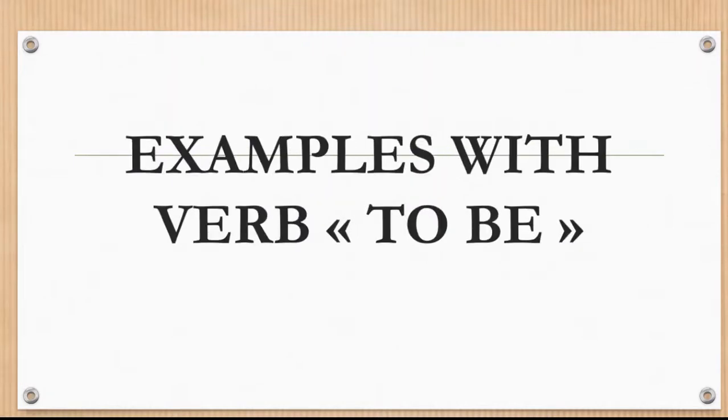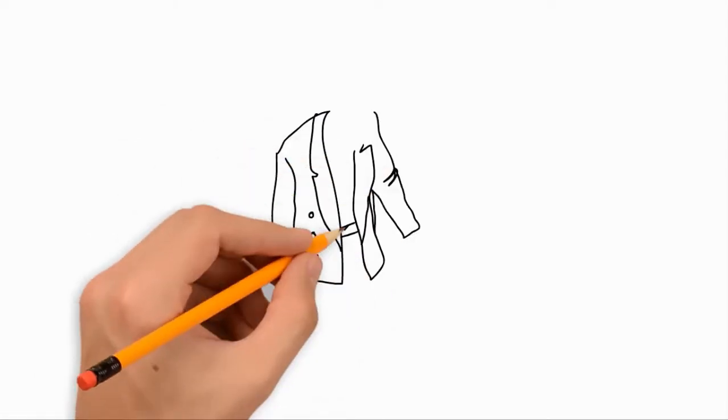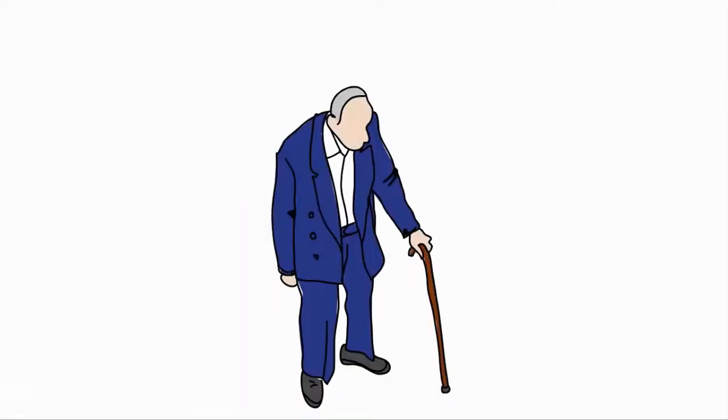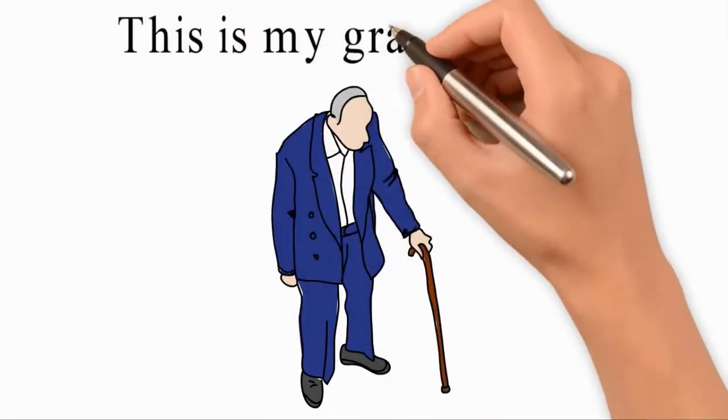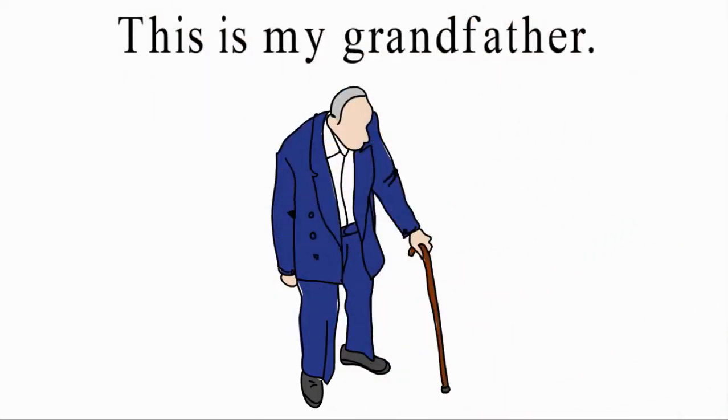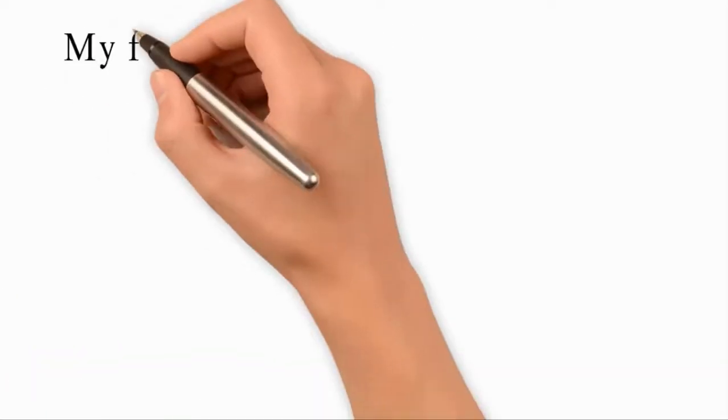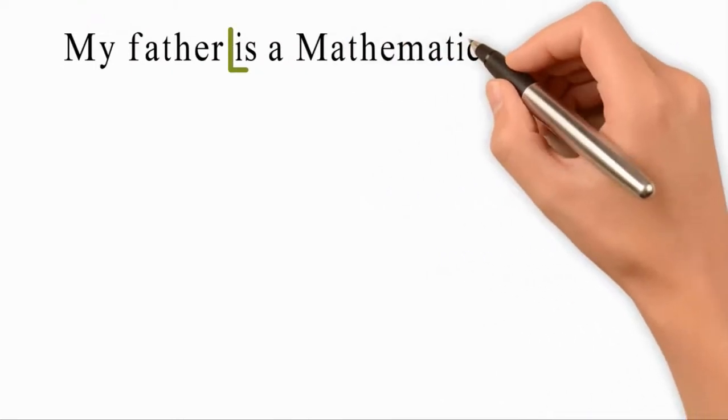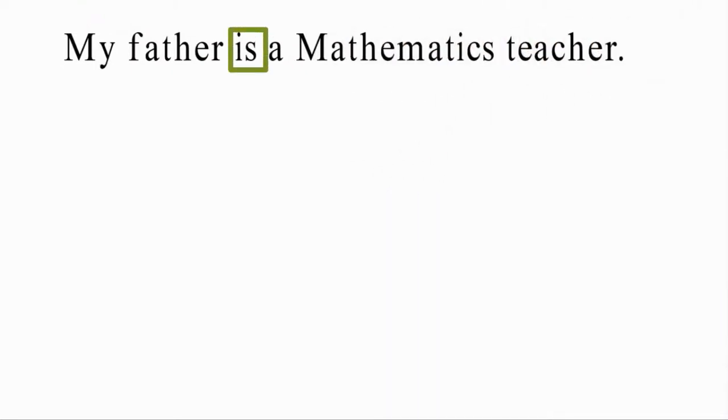Examples with verb to be. This is my grandfather. My father is a mathematics teacher.